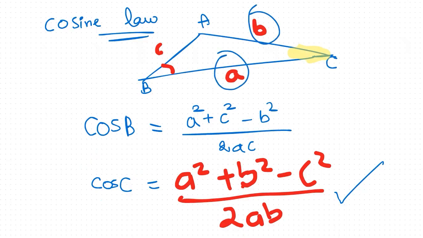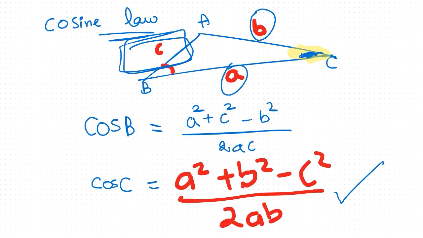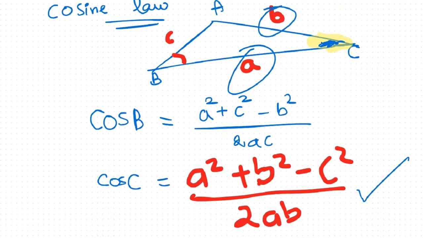How do we choose a and b? This is the angle, so the adjacent sides: sum of adjacent sides squared, minus opposite side squared, upon 2 into the product of the adjacent sides.